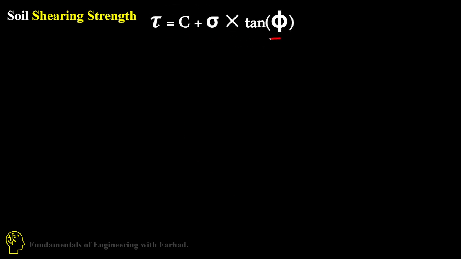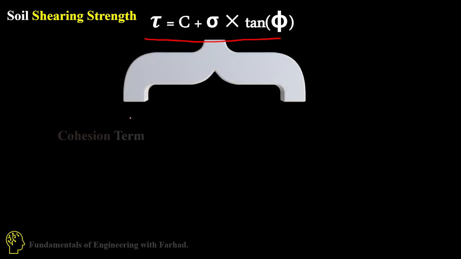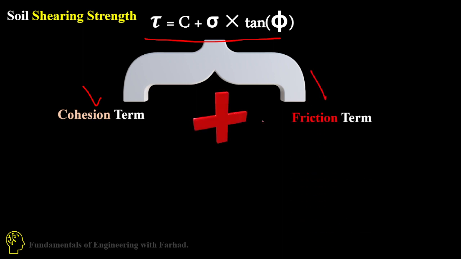If you go to the equation of tau is equal to C plus sigma times tangent of phi, you can easily see the cohesion term plus the frictional term.